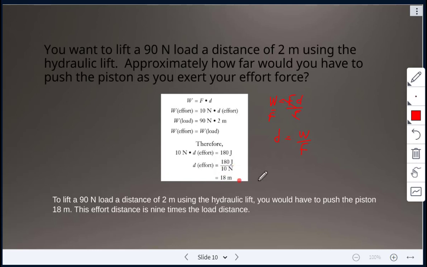Our force is 10 newtons. So dividing that will give us our distance. Our distance is 18 meters. So therefore, to lift a 90 newton load a distance of 2 meters using the hydraulic lift, we would have to push the piston 18 meters. Okay, this effort distance is 9 times the load distance.